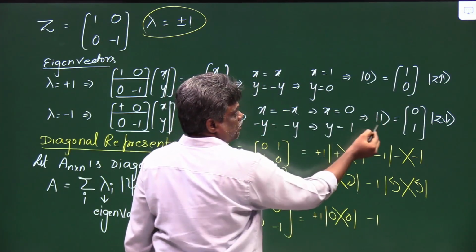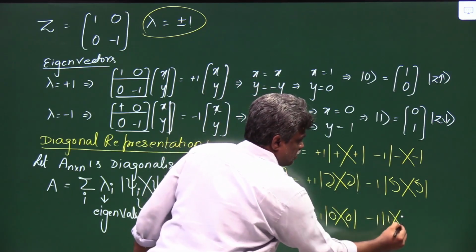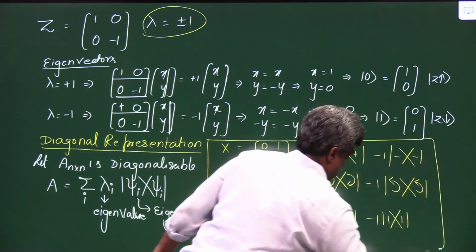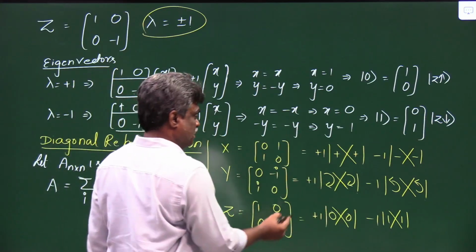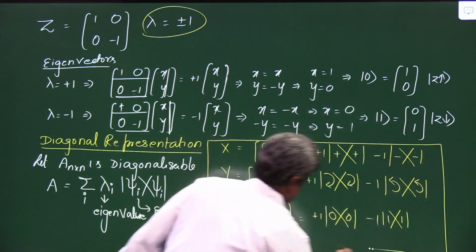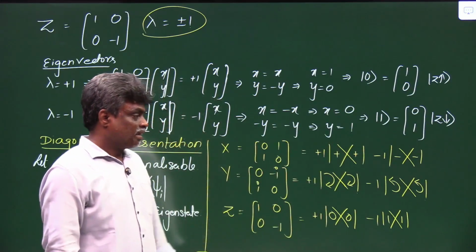We have to take the outer product of this one. So that is like this. So this is the diagonal representation of the Pauli spin matrices. Of course, there's a small difference between spin matrices and these things, right?